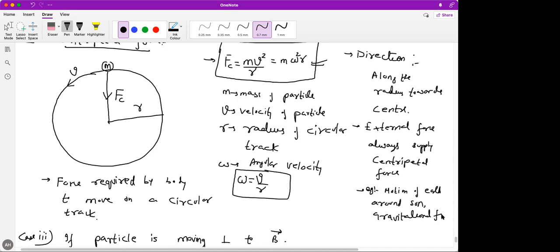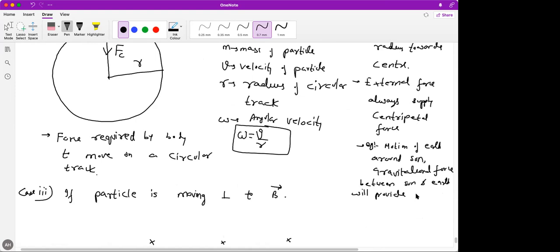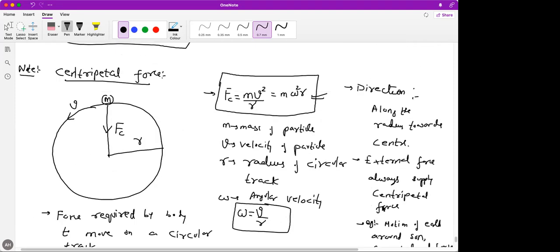The gravitational force between the sun and Earth will provide the centripetal force.